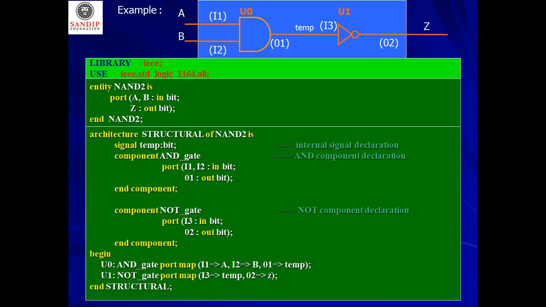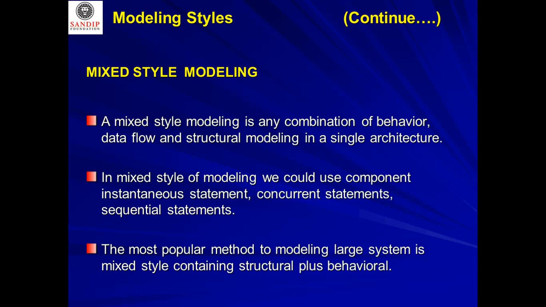Hence we have declared the two components. After begin, you have to instantiate that component, which is also known as a port mapping. In port mapping, all the component labels are written and port map the input and output connections. And finally, end of the structure.